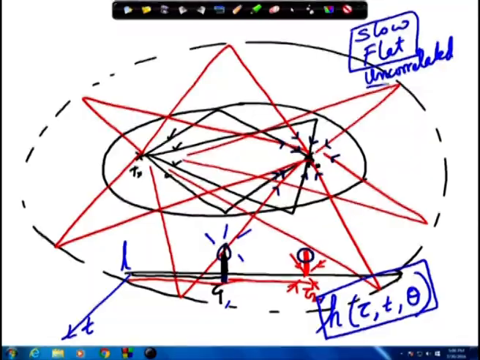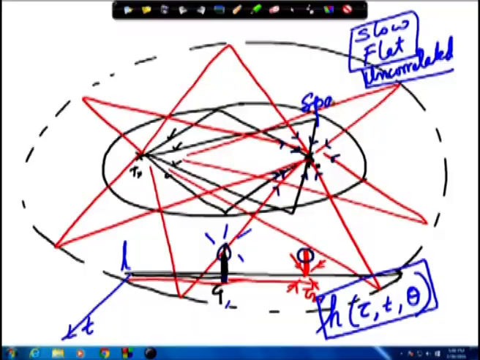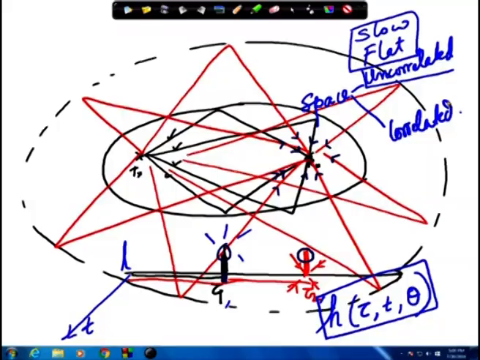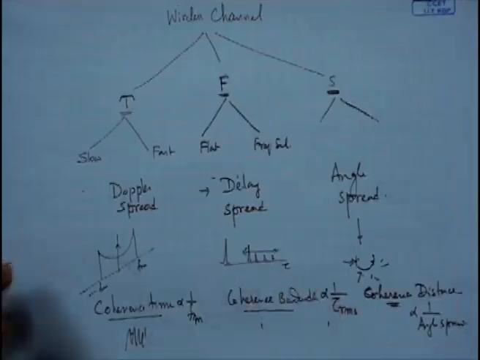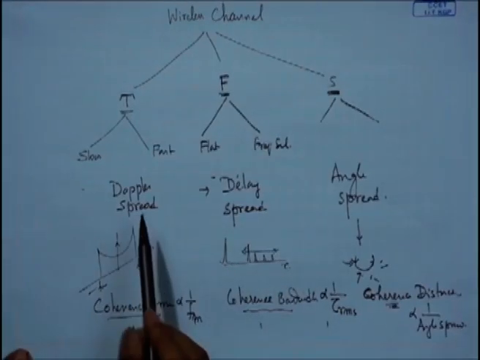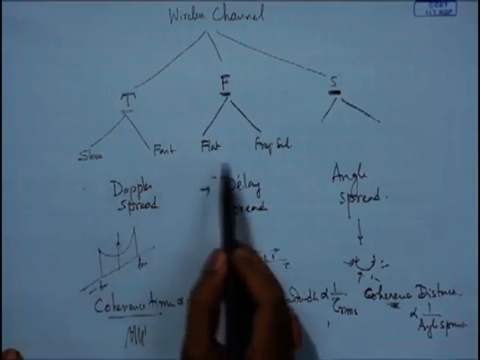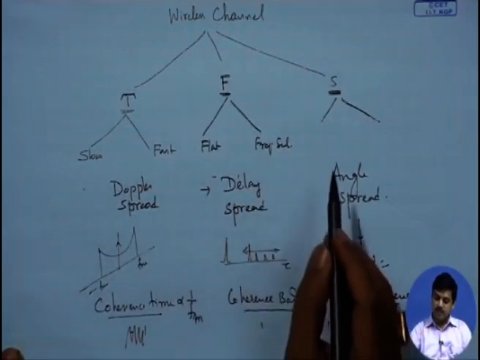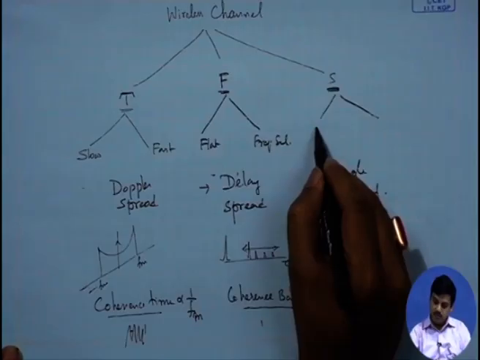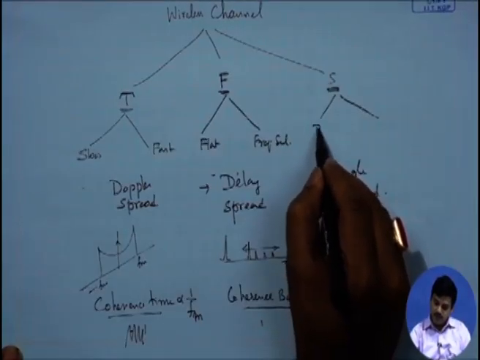Most of the time we'll consider uncorrelated in the space dimension, and we are also going to take care of correlated. So just quickly before we go ahead, in this particular picture we said slow and fast, flat and frequency selective. In the space axis we have rich and poor scattering.